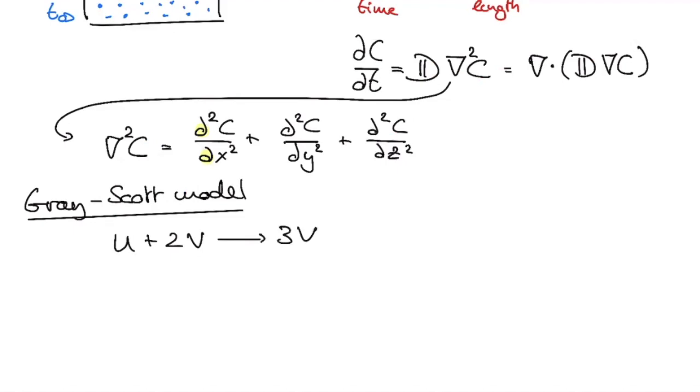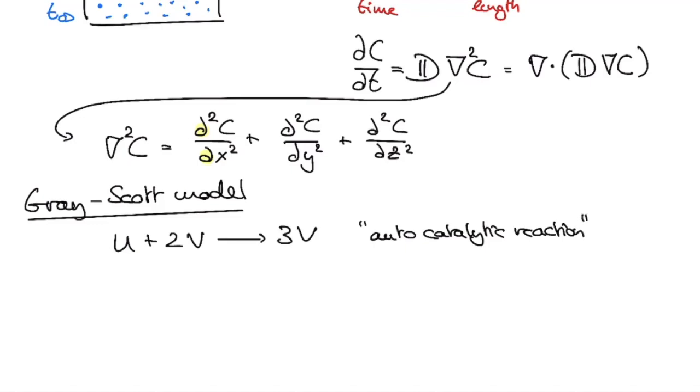So if you look closely at this equation, we've seen this now in a number of examples, you see that the product in this reaction, V, is also a reactant. So this is what's called an autocatalytic reaction.